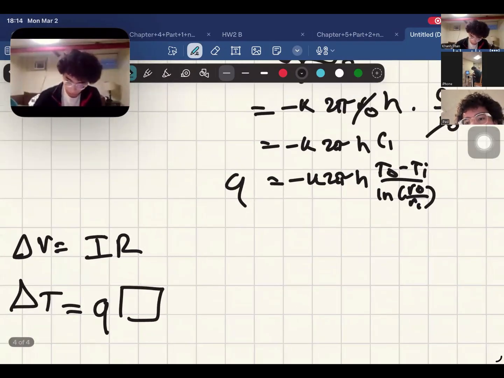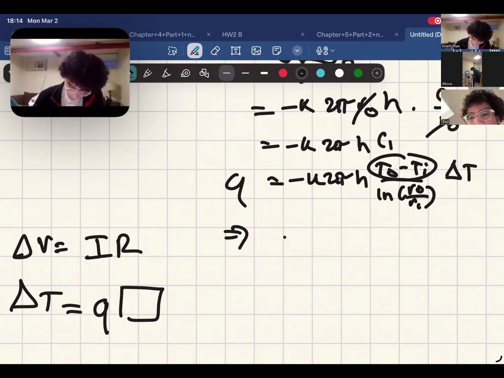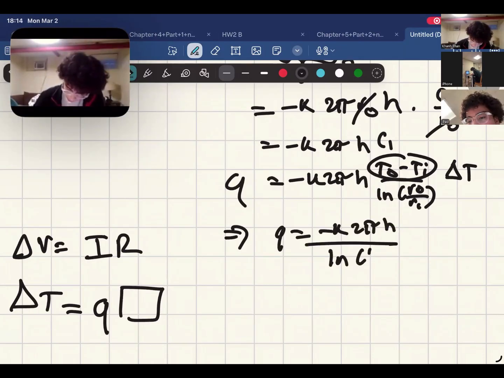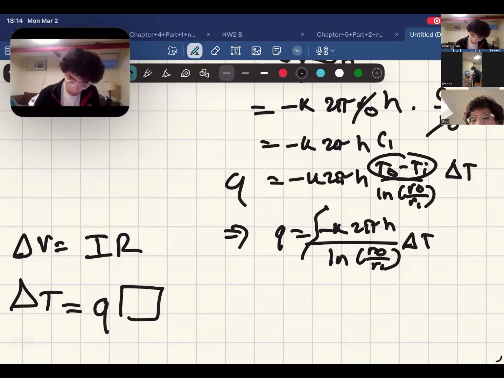So over here, we have delta T is T outer minus T inner. So rewriting this, we would have Q equal to 2 pi k H delta T, and then move this whole constant over to the left side.